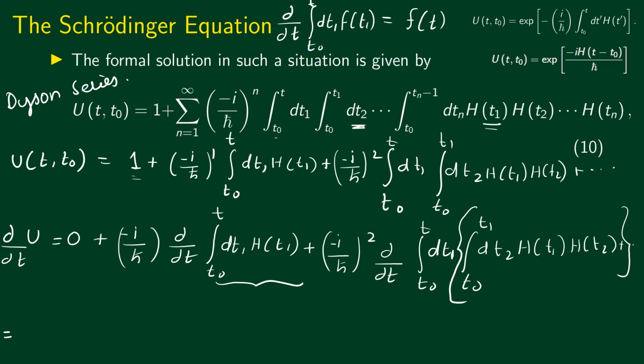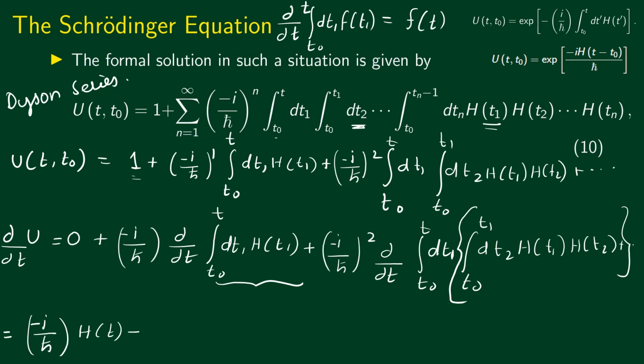The upper limit here is t. So using that result, this is equal to minus i by h bar, and this would simply be H of t.